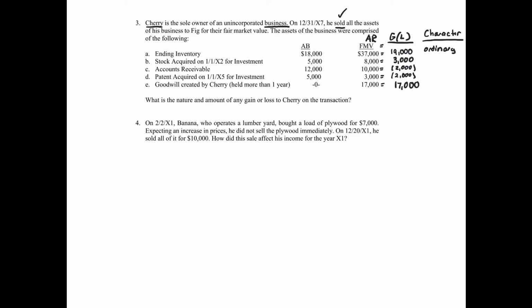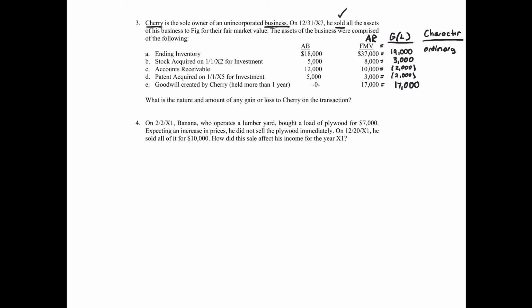Okay, B, stock acquired on 1/1/X2 for investment. So we've got investment stock in a corporation. That's going to be a capital asset. In previous videos, I talked about a broker of securities versus a day trader versus just an investor. For the investor, stock is a capital asset. So going forward, whenever you see stock, almost always it's going to be considered a capital asset.